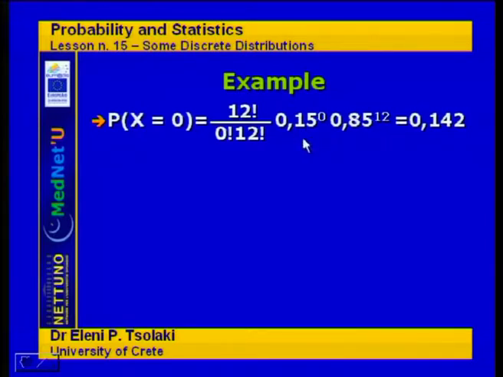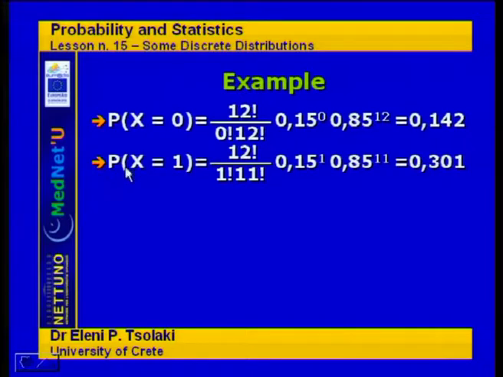So this is p, the probability of success. Here we have the binomial coefficient, as it is called, from the binomial distribution. We just have calculated it, it is given here. We have to note that this is equal to 1, and we calculate the number. We have 0.142 probability of observing no defectives in our batch.